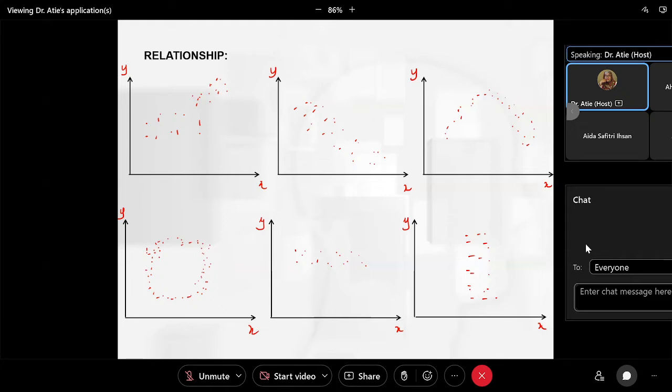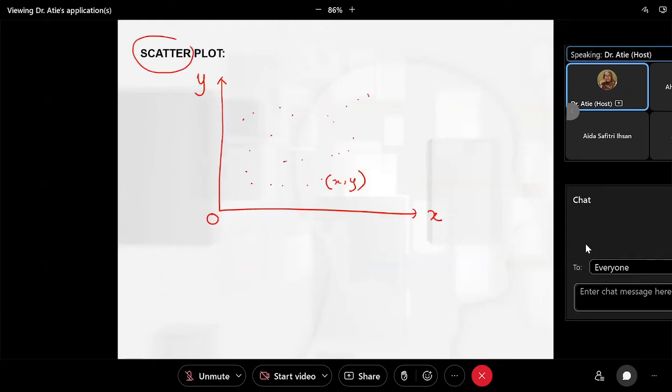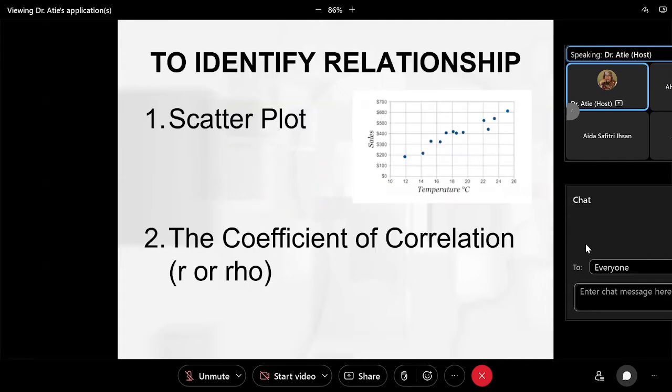Right? Okay. So let's go back, I would like to explain a little bit more on the scatter plot. As I said before, a scatter plot is used to identify the relationship. So how can we identify a relationship in the scatter plot?